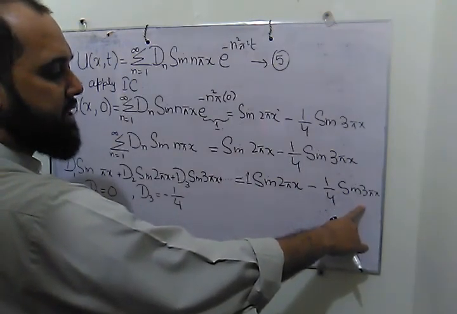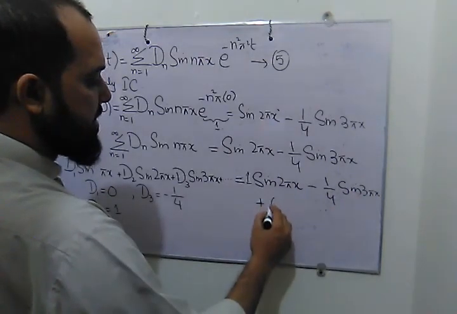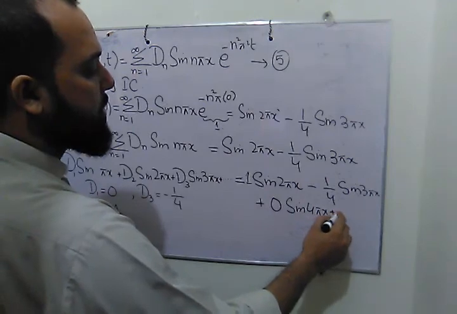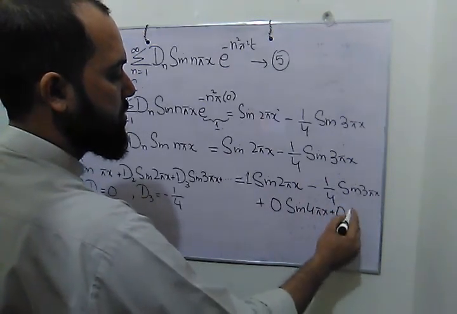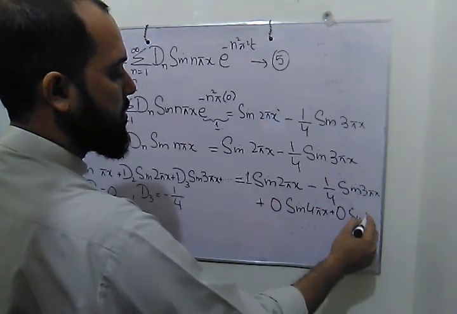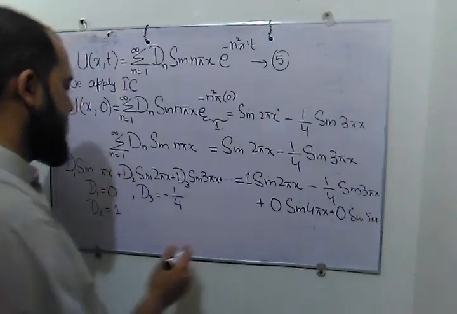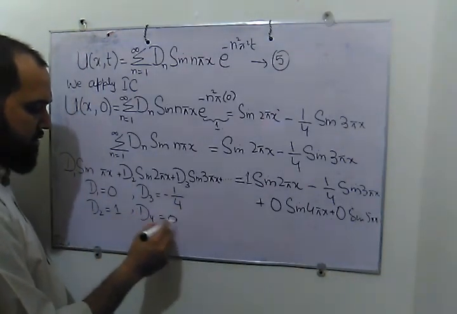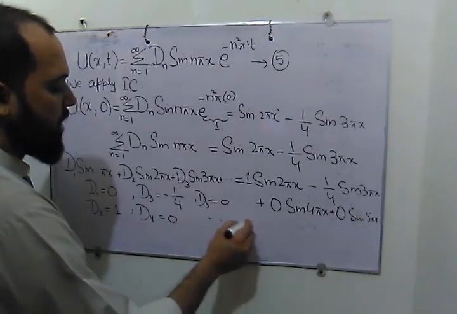Or we can say that yes, it is present, but with the coefficient 0. Similarly, all terms are present but with the coefficient 0. So this leaves no change in the expression on this side.